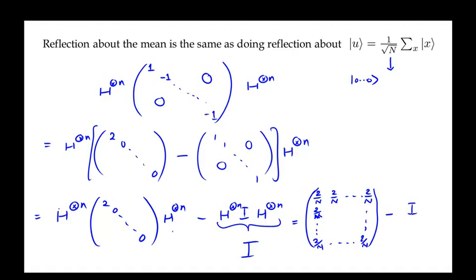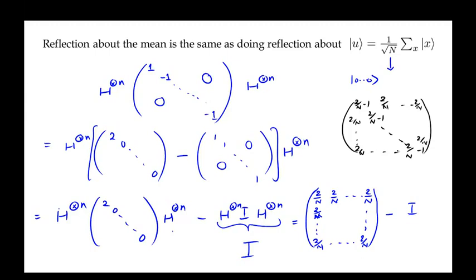So if you were to write out this transformation, it's 2 over n minus 1, 2 over n minus 1 on the diagonal, and then every other entry is 2 over n.